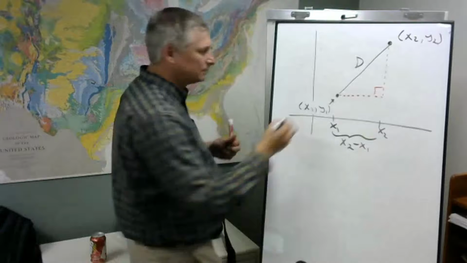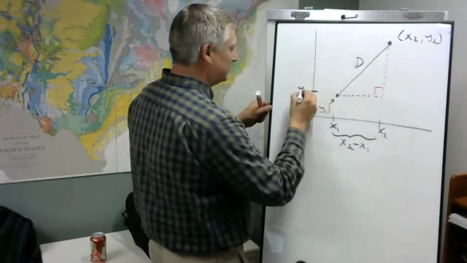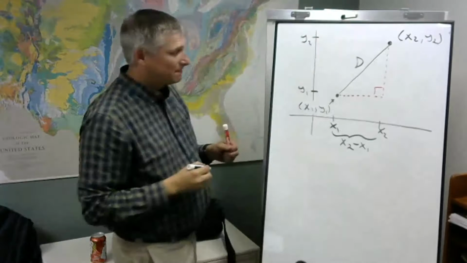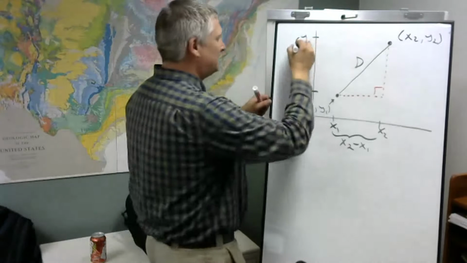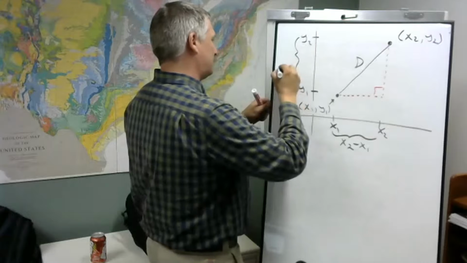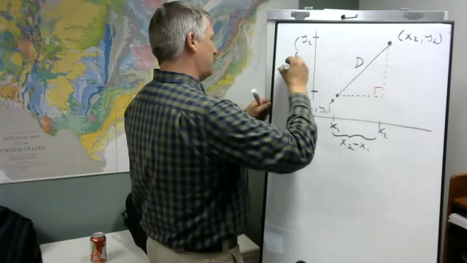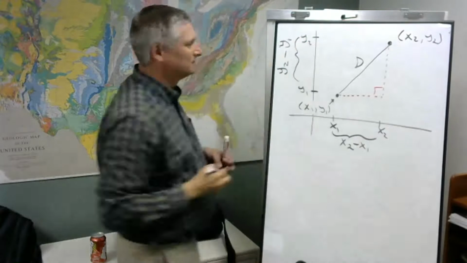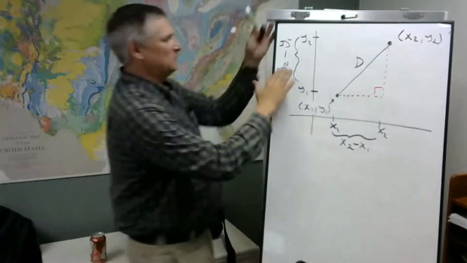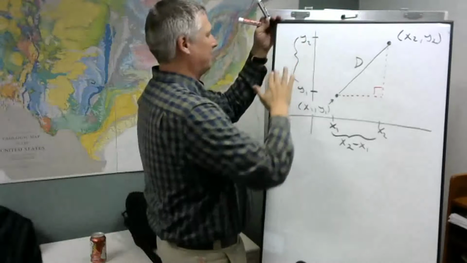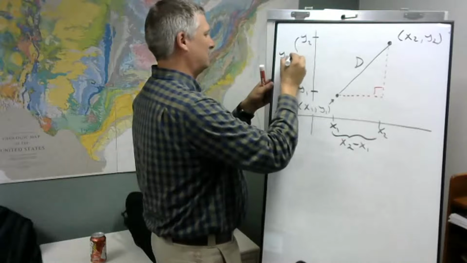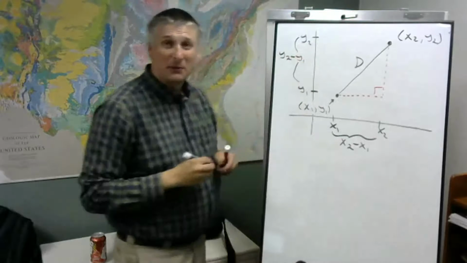Now for the height, we go from here at y1 up to here, y2. And this distance, well, it's y2 minus y1. Maybe I can do this a little bit differently. Like so.